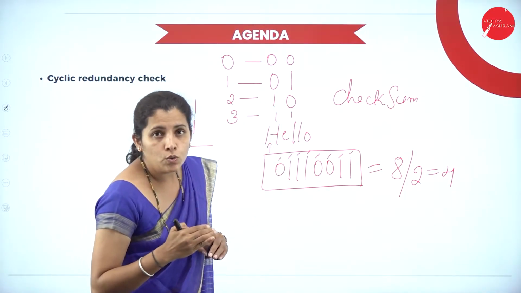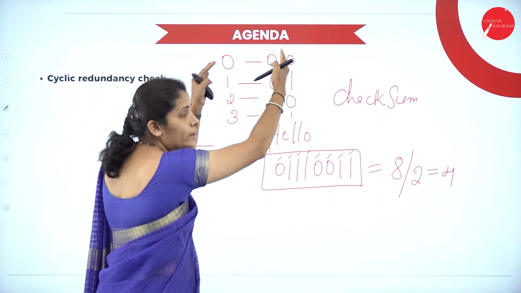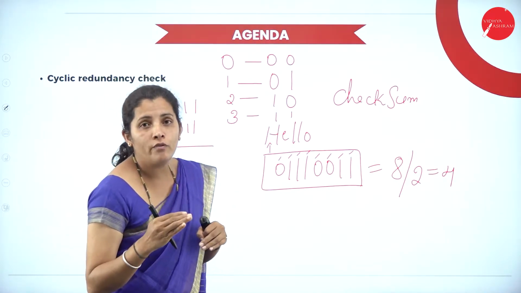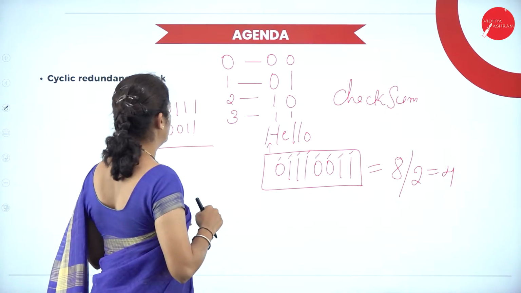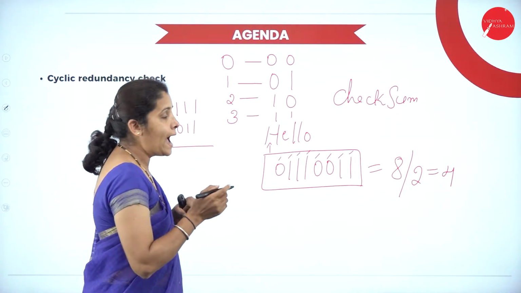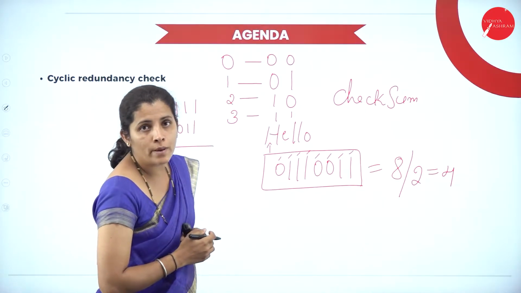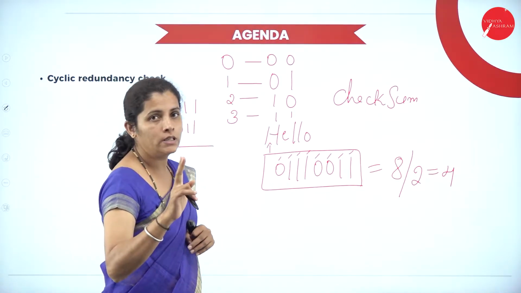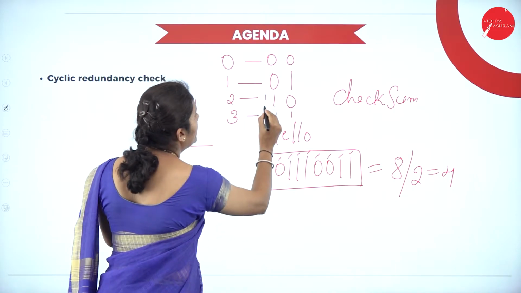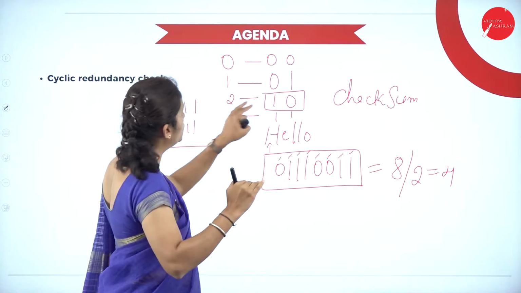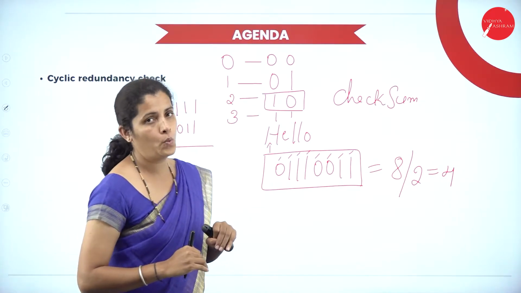This is for your reference. If I add 1 plus 1, what value do I get? It is 2. How can I write it? In binary, 2 is written as 1, 0.